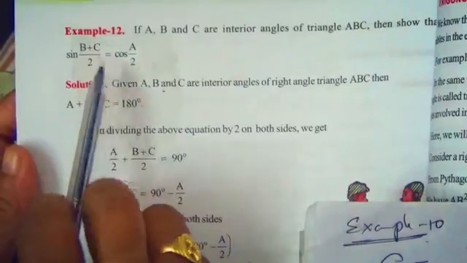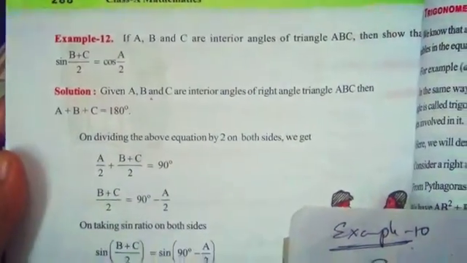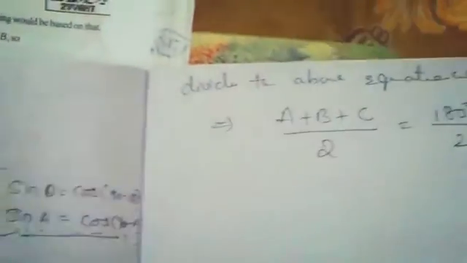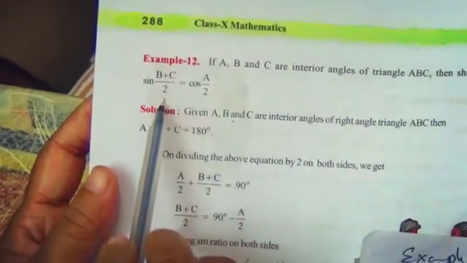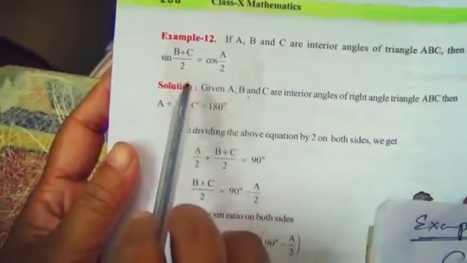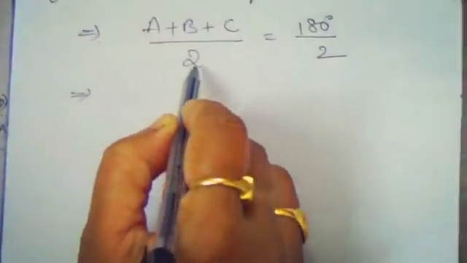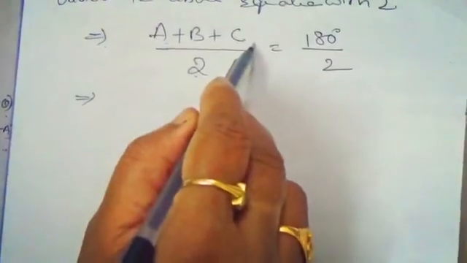But in the question, look here, B plus C. According to the question I want to solve this. In the question there is sin of (B plus C) by 2 is equal to cos A by 2, which we have to prove. So 2 is dividing all the terms of the numerator.